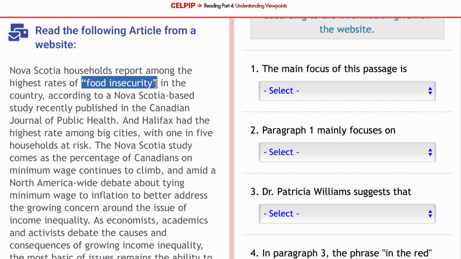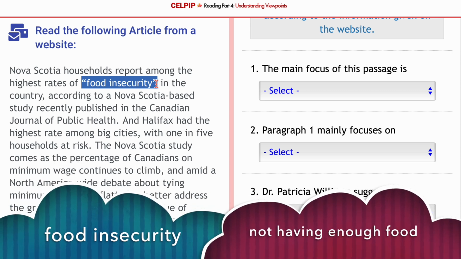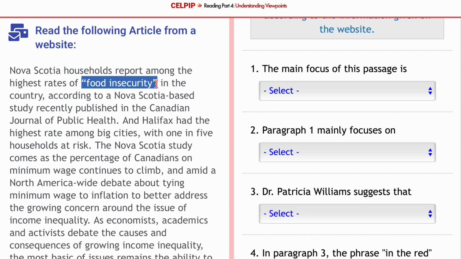Now, it's not necessarily because of poverty, like in other countries, but it's mostly because of employment, inflation, high costs these days, right? So those are mainly the reasons. And other issues that probably they'll explain here, okay? So food insecurity, not having enough food or maybe not having the right food.